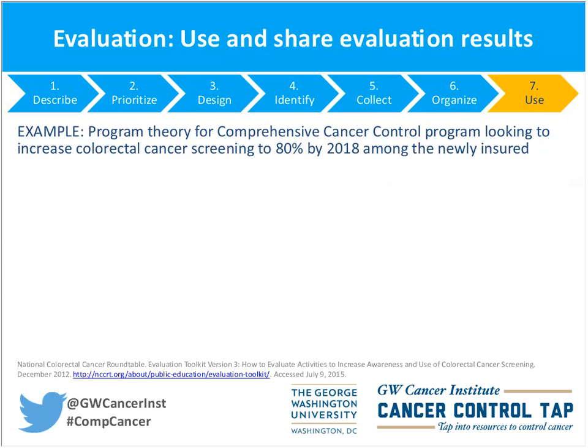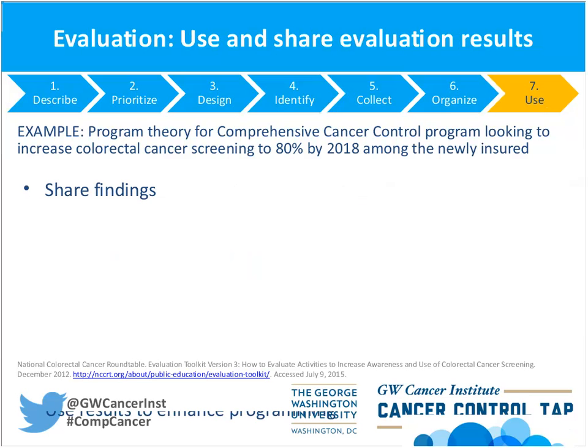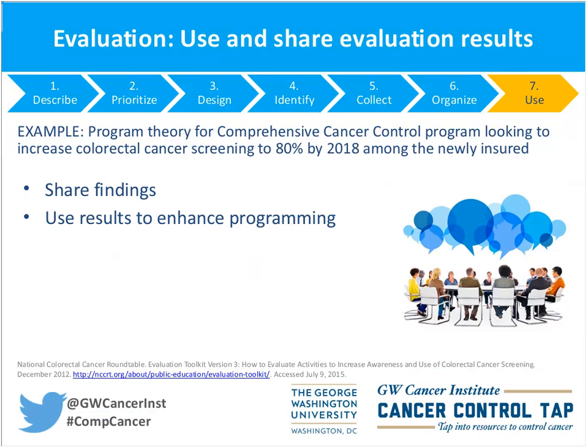Once you have obtained your evaluation results, you should share findings with your key audiences and stakeholders to inform the public, make health information meaningful, and translate research into action. Other programs may be looking to learn from you, whether they may be factors to replicate or factors to avoid. Evaluation findings should also be used to enhance your own programming.